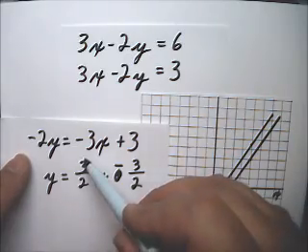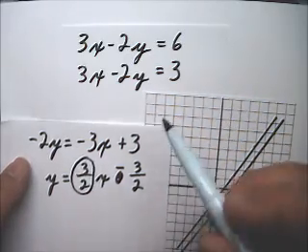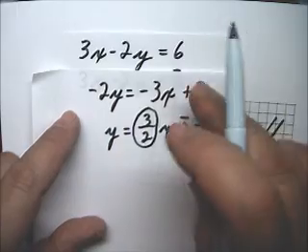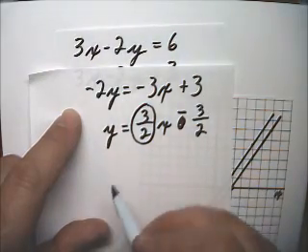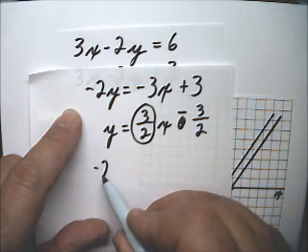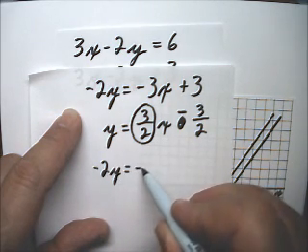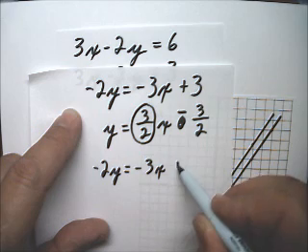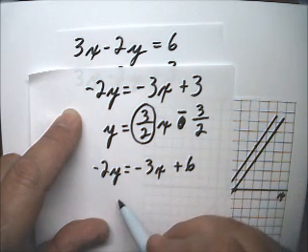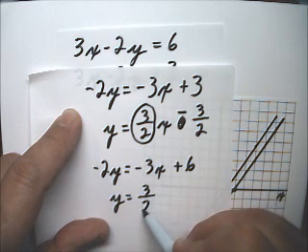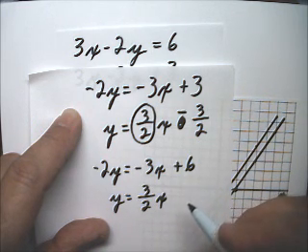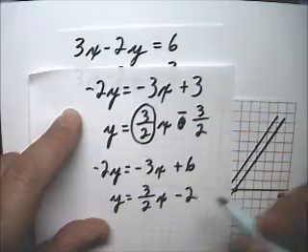So for my second line, I figured out that the slope was 3/2. Now this first line, it's looking like the same thing. For this first line, I would have -2y equals -3x plus 6, or y equals 3/2 x minus 2.